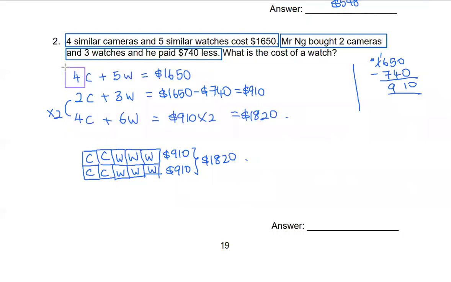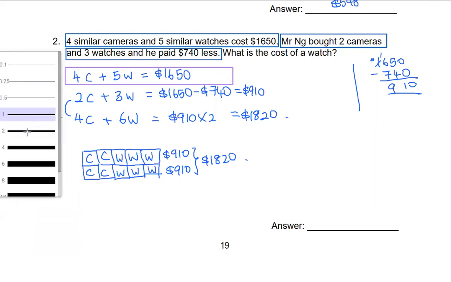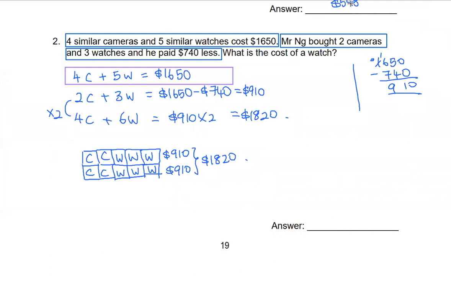By looking at this, I know that 4 cameras and 5 watches, let me show you where 4 cameras and 5 watches is, cost 1,650.